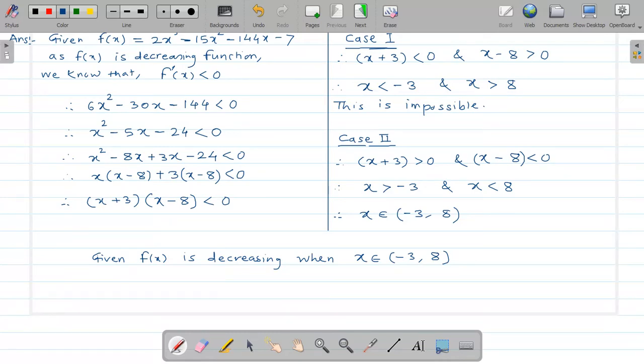So positive into negative becomes negative. That's why there are two cases, in which case number 1 is impossible on the real line. So you have to mention that it is impossible, and from case number 2 you will get the interval on which this function is decreasing. Okay, so try to solve this question.